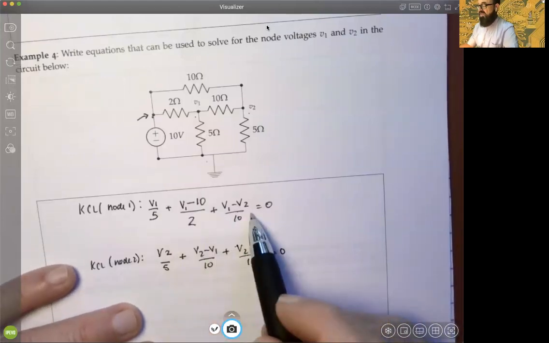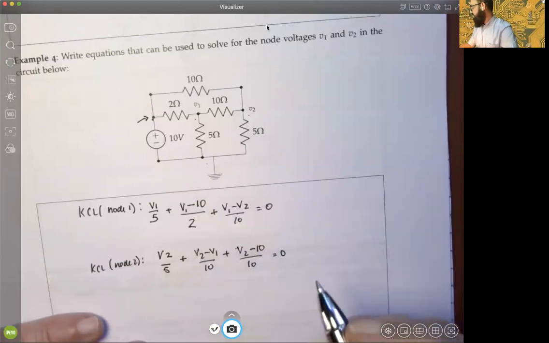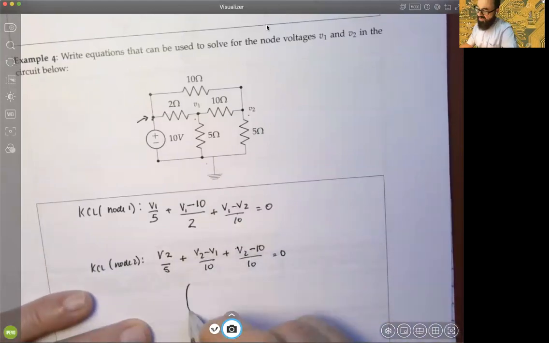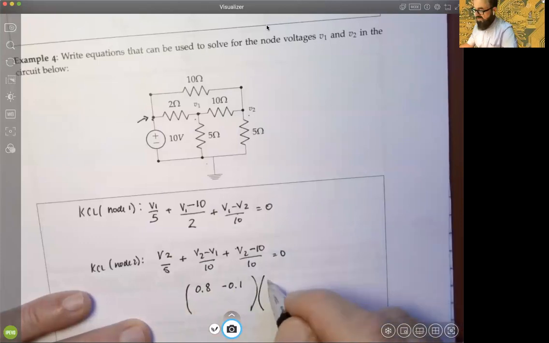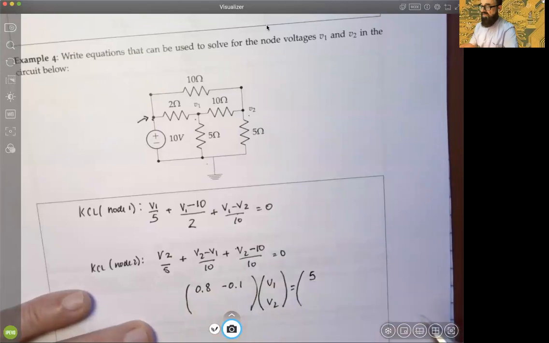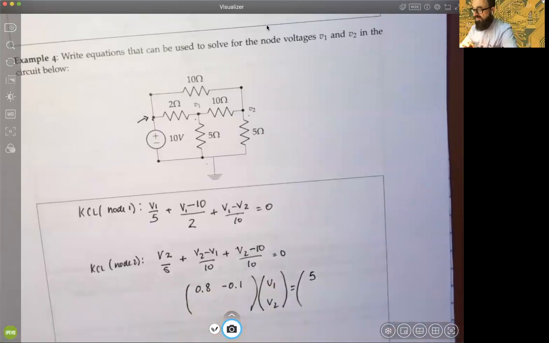Simplifying this, collect all the V1 terms, of which there are 3 in the first equation, and then a single V2 term. You clean that up, and you should get a system that looks like this. You'll have 8/10 times V1 minus 0.1 times V2, and you should get a 5 on the right-hand side.